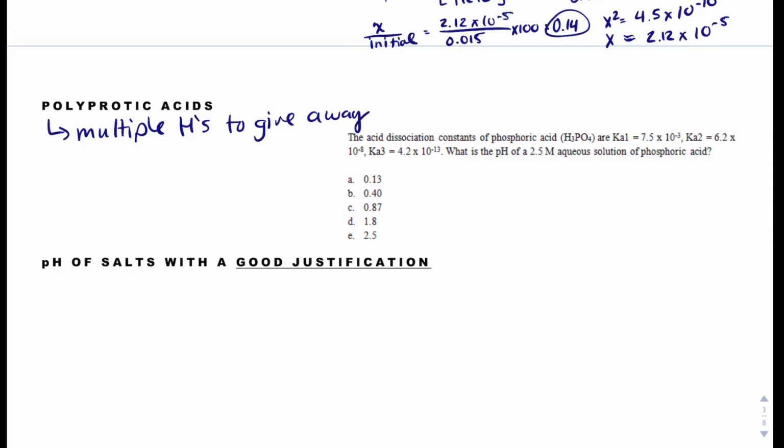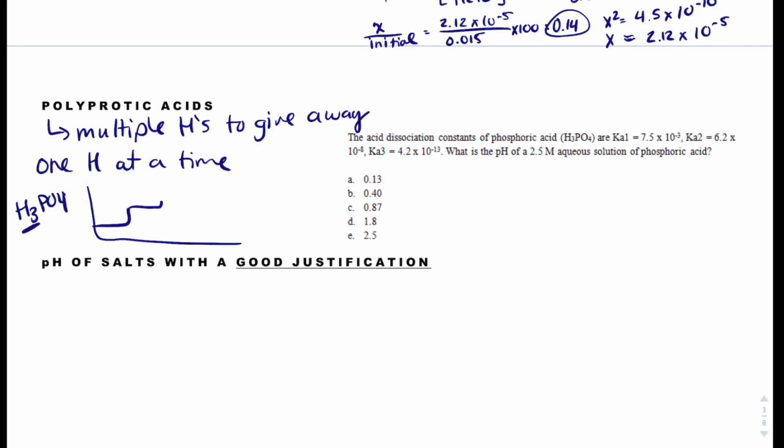But remember, the key idea with polyprotic acids is they give away one H at a time. So what you end up with, and we'll get into this with titration curves, is let's say I had H3PO4 and I titrated it. That's got 3 H's it can give away, so I'd get one equivalence point, a second equivalence point, and I'll mark those like that, and then even a third equivalence point.